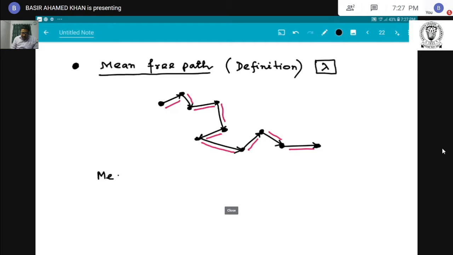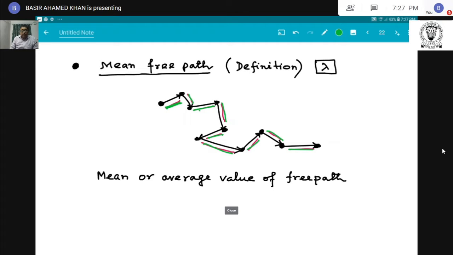Mean or average value of free path. Suppose these are the free paths, this path, and so on.